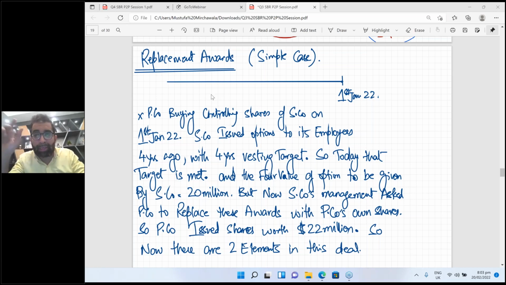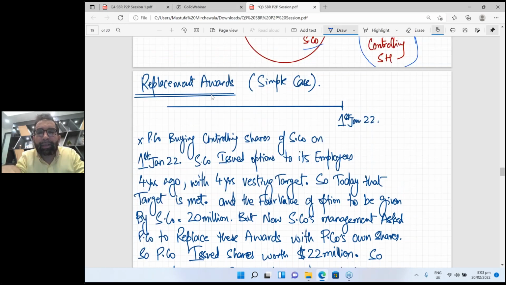Try to understand. I don't have a pen, but I will explain it to you, don't worry. See, for example, parent company is buying controlling shares of S company on 1st January 22. Now listen to the story of S company.